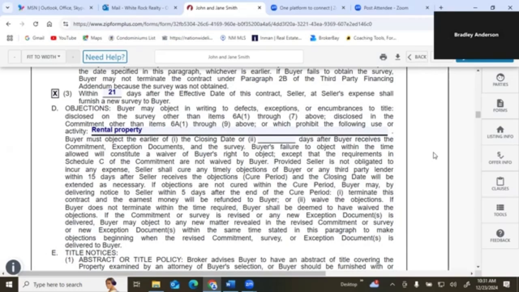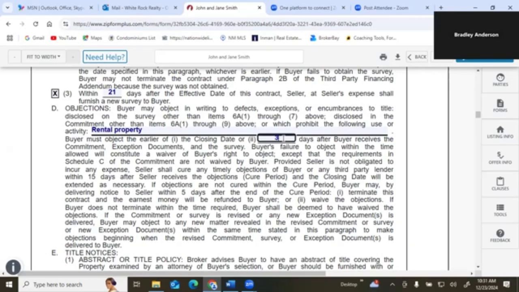Okay, doesn't matter if the option period has expired, doesn't matter where you are in the process of this transaction, you can object if you all of a sudden find out your buyer can't use it as a rental property. But then it says, well, when can you do that? Well, buyer must object to the earlier of the closing date or X amount of days after the buyer receives the commitment.